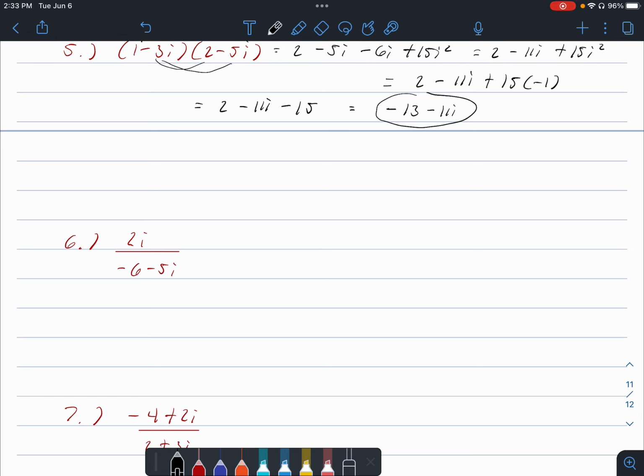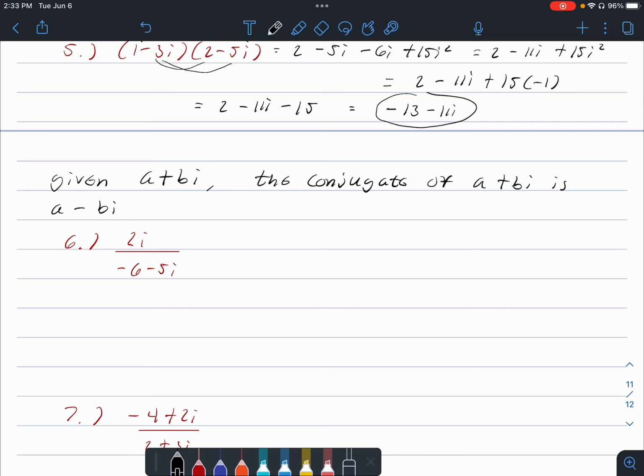So given a plus bi, the conjugate of a plus bi is a minus bi.